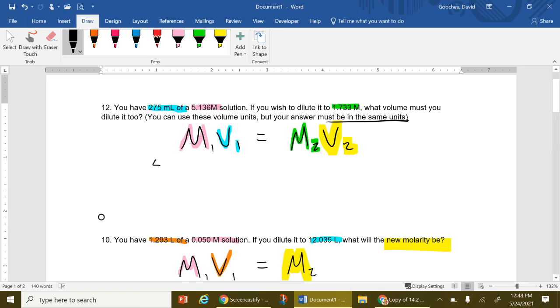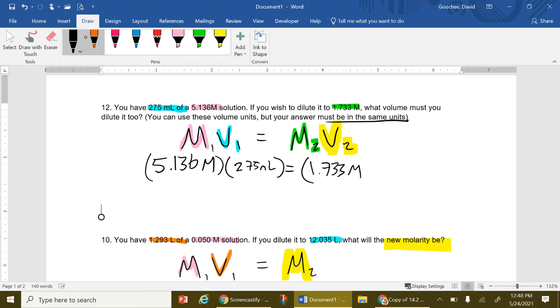The initial molarity, 5.136 molar. The initial volume, not 2.75, it's 275 milliliters. That's going to equal the final molarity, 1.733 molar, times whatever the final volume is, which we're trying to solve for.